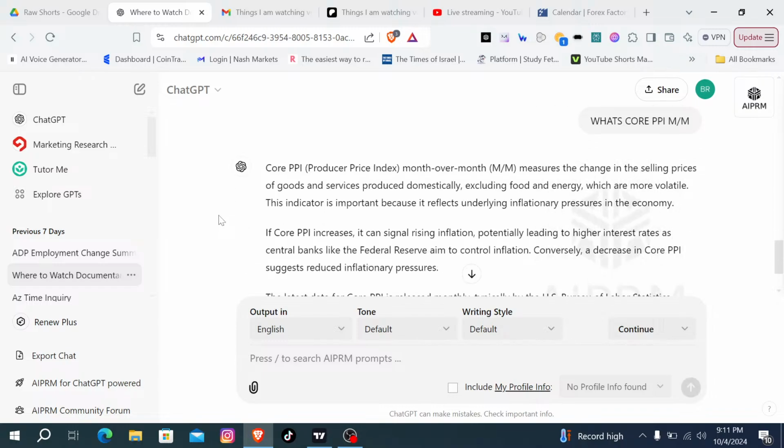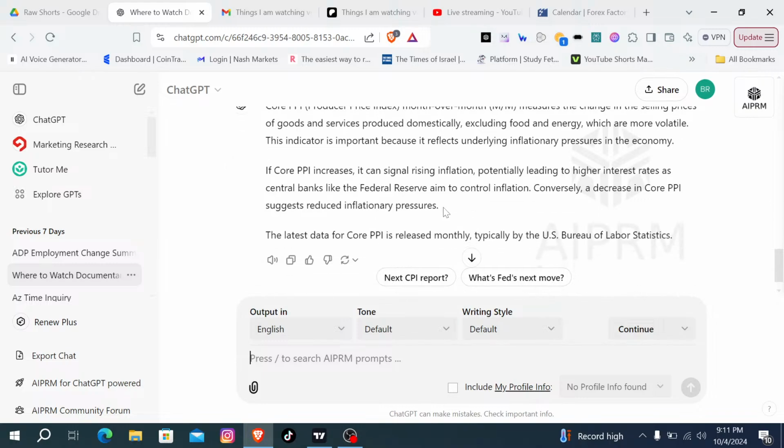It measures the change in selling prices of goods, services, and products, domestic, excluding food and energy, which is important because it reflects the inflationary pressures in the economy. If core PPI increases, it can signal rising inflation, potentially leading to higher interest rates as central banks like the Federal Reserve aim to control inflation. Conversely, a decrease in core PPI can resist inflation.